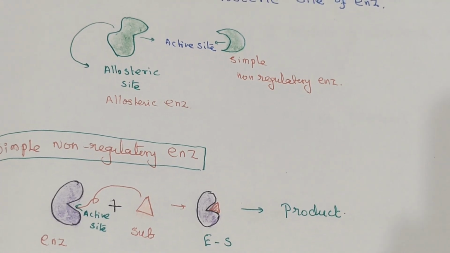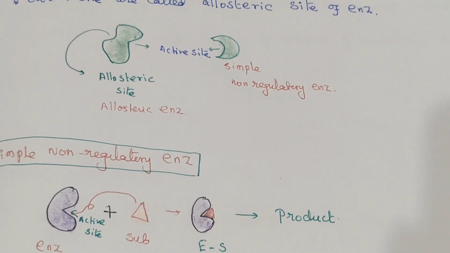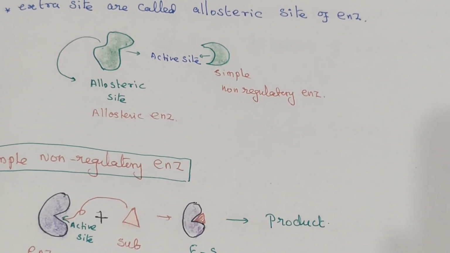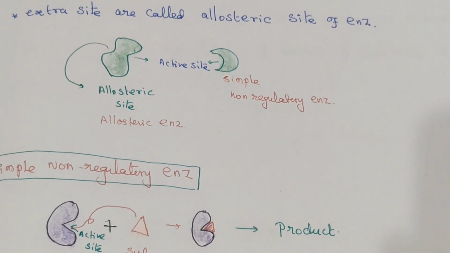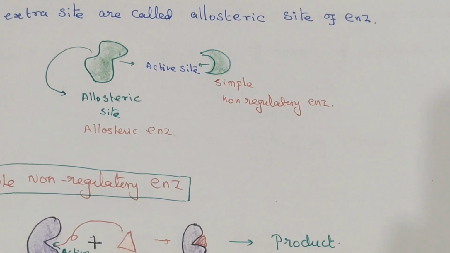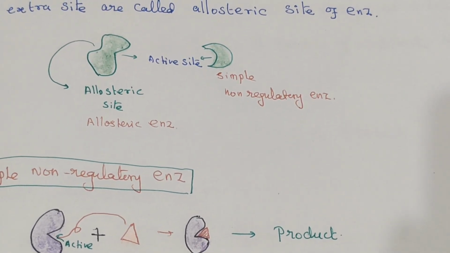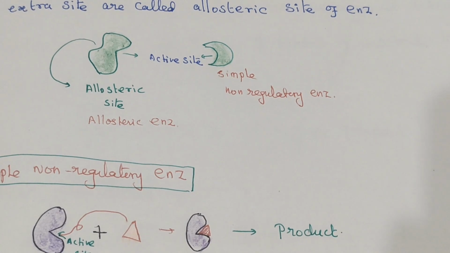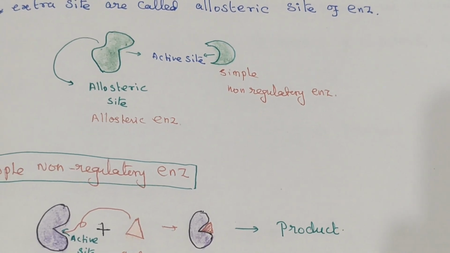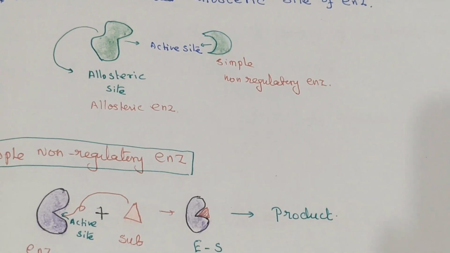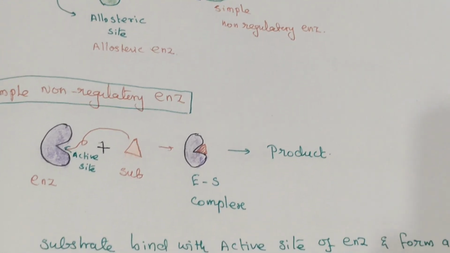In this diagram you can see the allosteric enzyme and the simple non-regulatory enzyme. Both have an active site for binding of substrate, but the allosteric enzyme, in addition to that active site, has an extra site. That extra site is called the allosteric site.